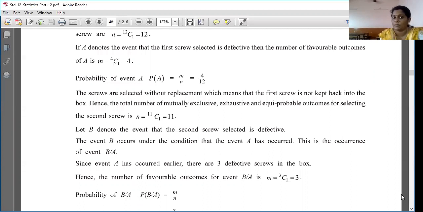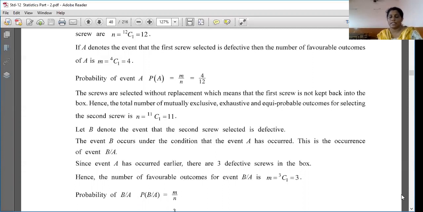Remember, again I am telling you that the selected thing cannot be selected again. In without replacement, whatever we have selected once, we put aside. Of the 12 screws, the first time n was 12C1 and the defective ones were 4, so 4C1. So n is 12C1 and m is 4C1, that comes to 4 by 12.